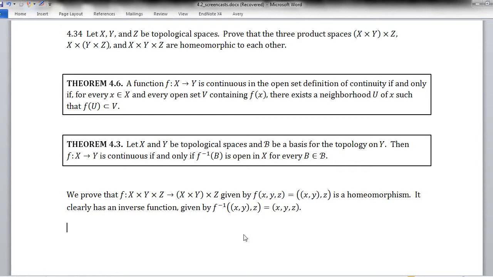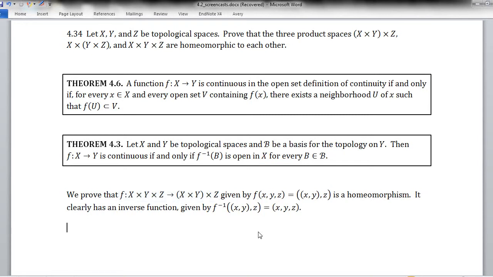So what I'm going to do is show that X times Y times Z is homeomorphic to this one with X and Y grouped together. And you could do something quite similar for the same thing with Y and Z grouped together.